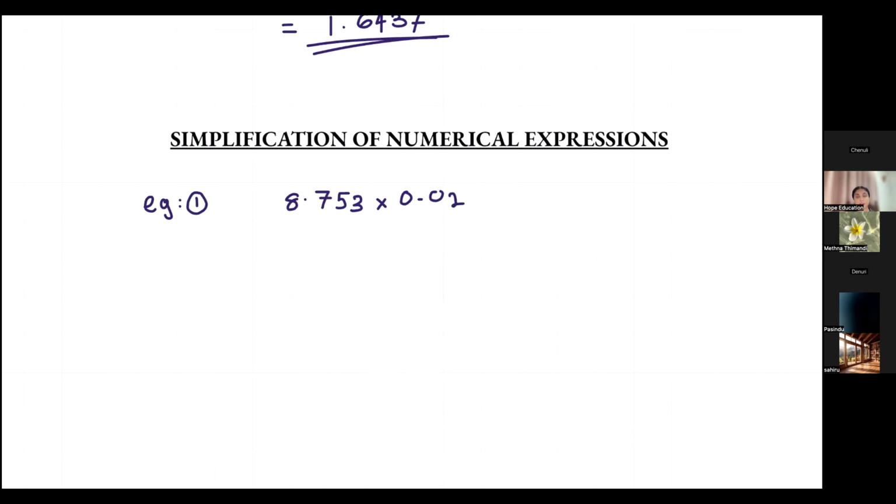This is one of the examples in the textbook as well. Divided by 0.9321. Now, these are complicated multiplications and divisions. Therefore, the best way to do it, if you don't have a calculator, is to use logarithms. So I will use logarithms to simplify.